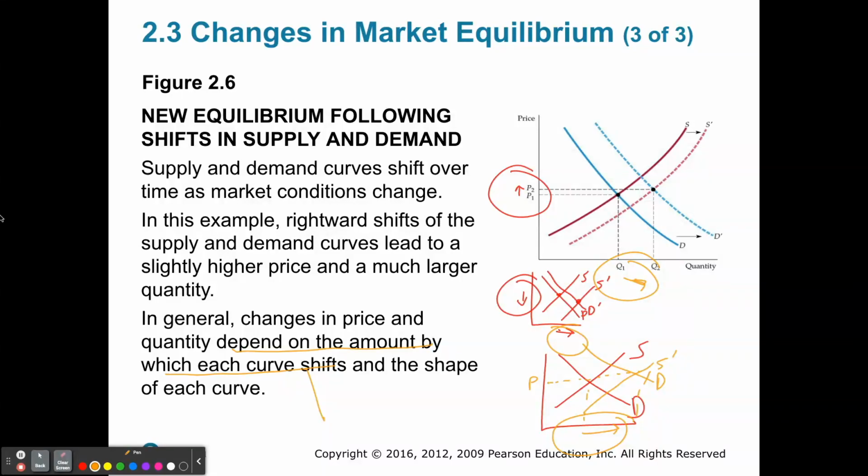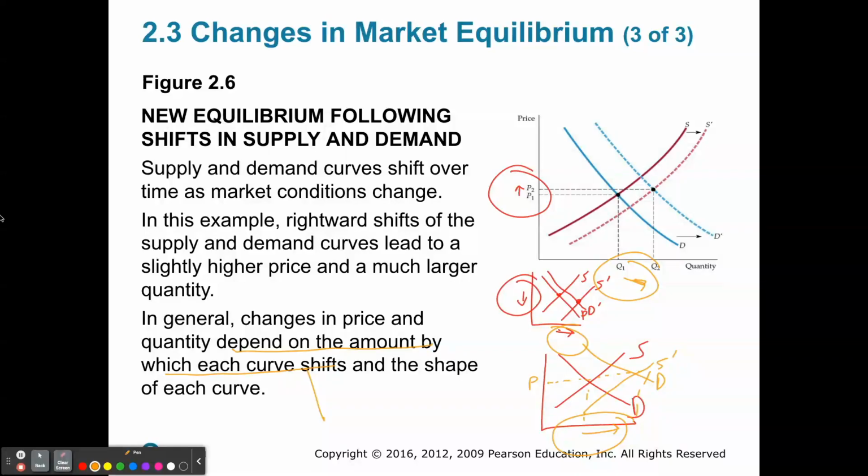And if you do a search on Google for comparative statics, you'll see a handy chart that tells you, when two curves are shifting, what do we know for certain versus what do we know with uncertainty? Here, what we know for certain is that the quantity will always go up. So that is unambiguous.